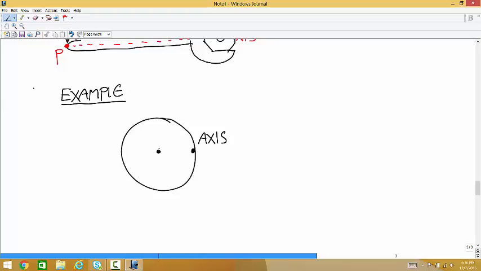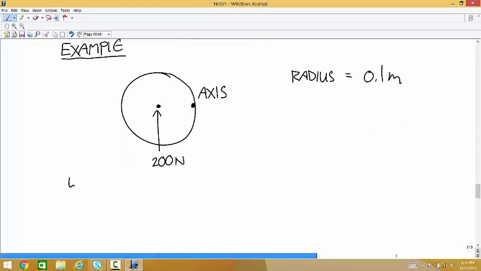And a force is applied at the center of, let's say that's 200 newtons. 200 newtons going up. And the radius of this circle is 0.1 meters. What's the moment, MA, produced by that 200 Newton force?